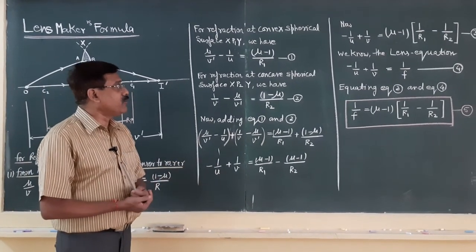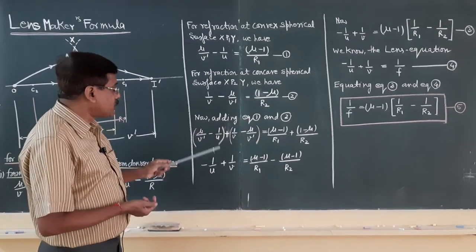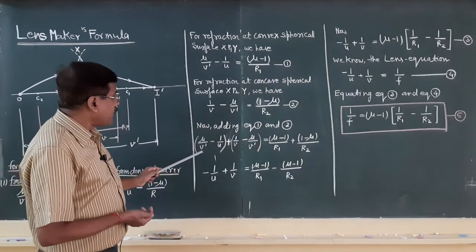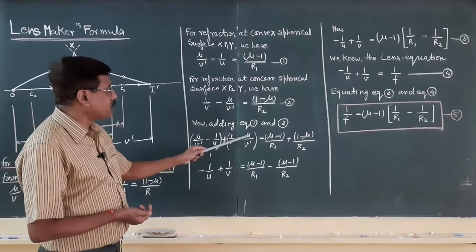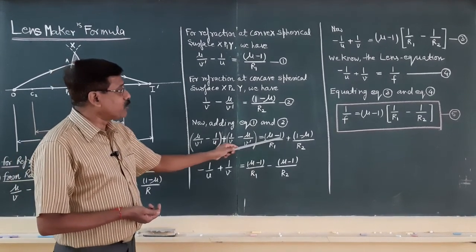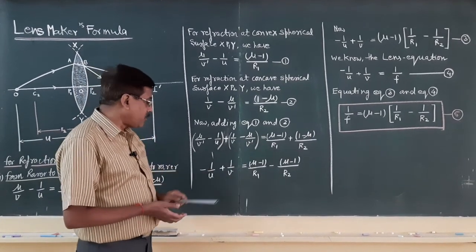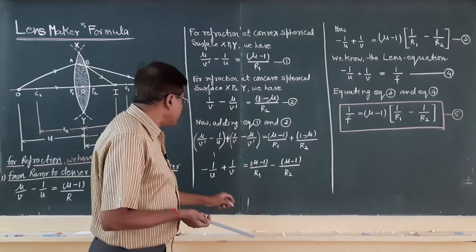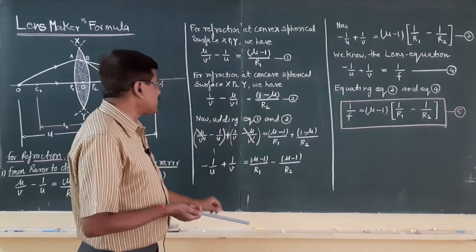Now, simply we will add these two equations. When we add them, mu by V dash minus 1 by U plus 1 by V minus mu by V dash is equal to mu minus 1 by R1 plus 1 minus mu by R2. And you will find the terms mu by V dash and mu by V dash cancel out.